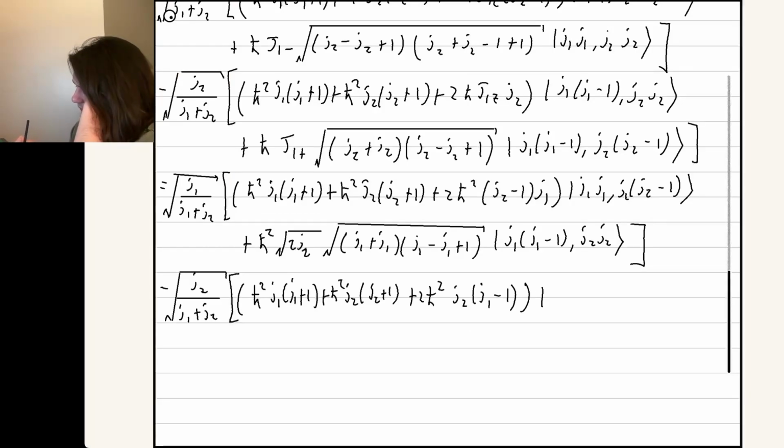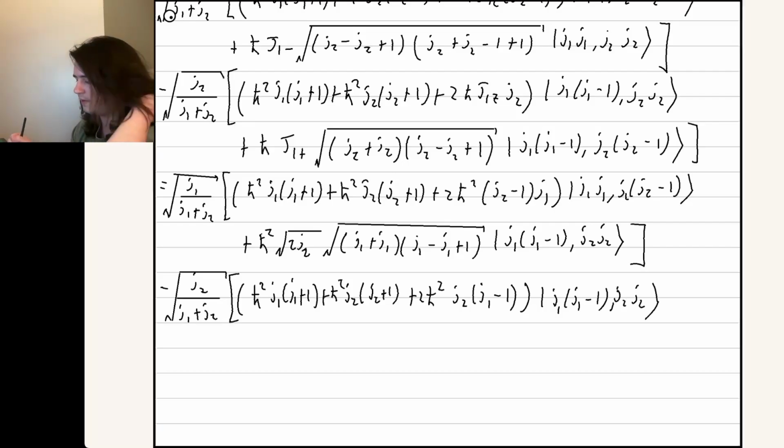And that's all acting on the state j1, j1 minus 1, j2, j2. And we had the raising operator term, so now we're looking at h bar squared.